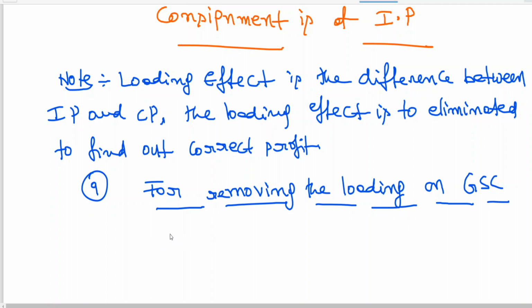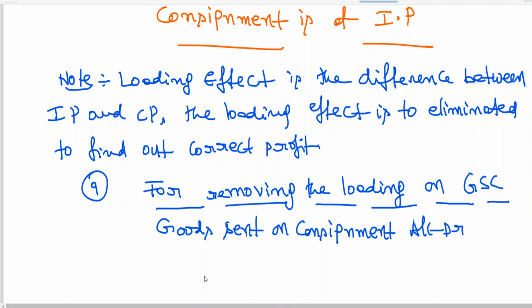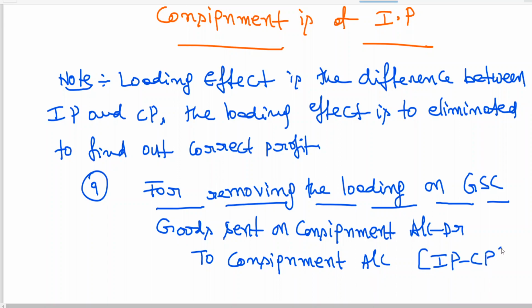What is the entry for goods sent on consignment? You reverse it. Goods sent on consignment account debtor to consignment account. Here loading is the difference between IP minus CP.